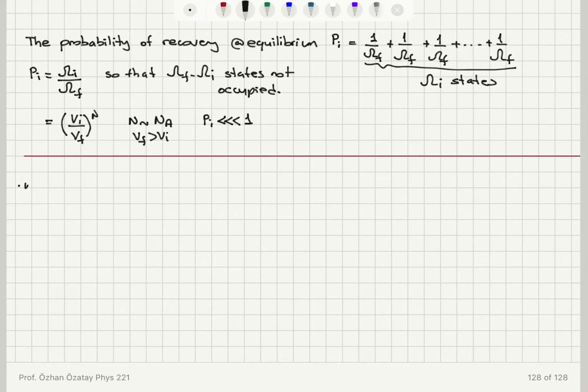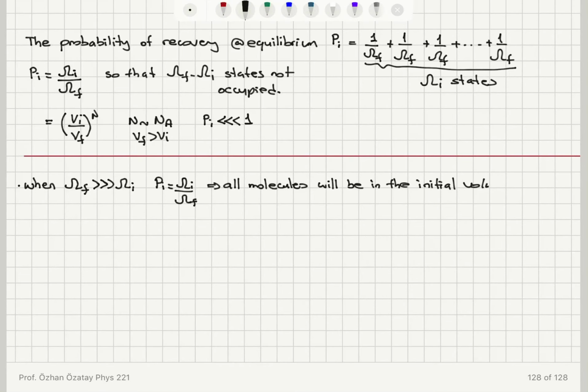So when the number of accessible states in the final configuration is much greater than the number of accessible states in the initial configuration, the probability of recovery, omega initial over omega final, so that all molecules will be in the initial volume V initial after the removal of the partition.